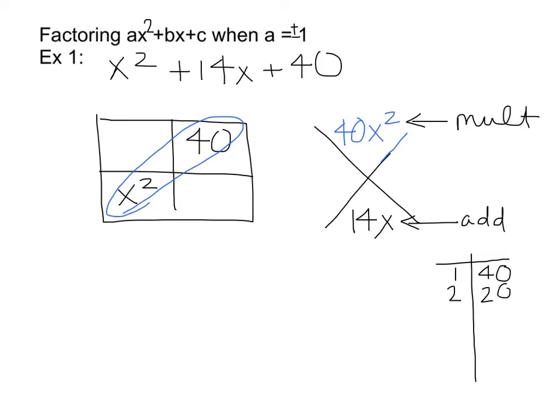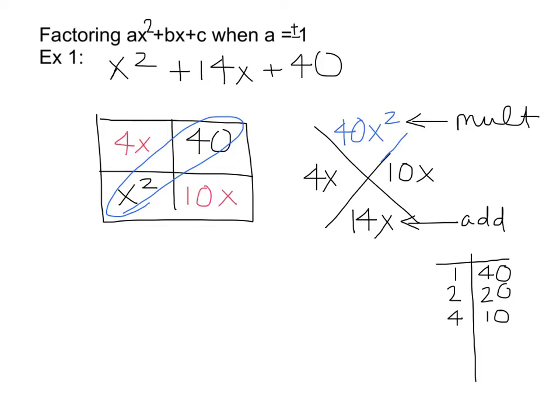Again, no way 2 plus 20 or 2 minus 20 is going to give me 14. 3 doesn't go into 40, so we're going to skip that one. 4 times 10 gives me 40, and hopefully you know that 4 plus 10 gives you 14. So you just write 4x and then 10x. And again, it doesn't matter where you write those in your box. You write the 4x in one of the empty boxes, the 10x in the other empty box.